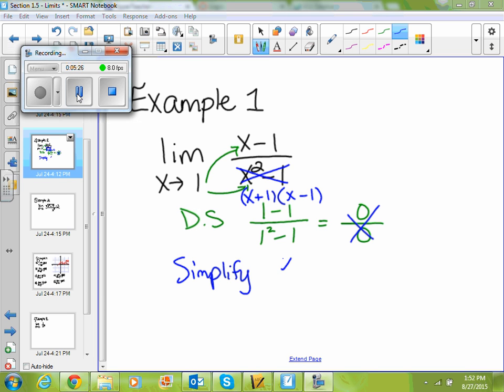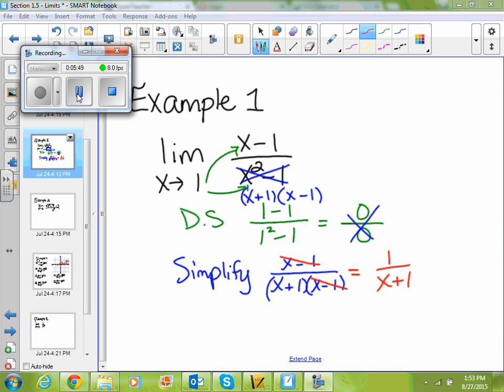So my new problem is x minus 1 divided by x plus 1 times x minus 1. So then my x minus 1's cancel, and I'm left with 1 over x plus 1. So I was able to simplify my problem.